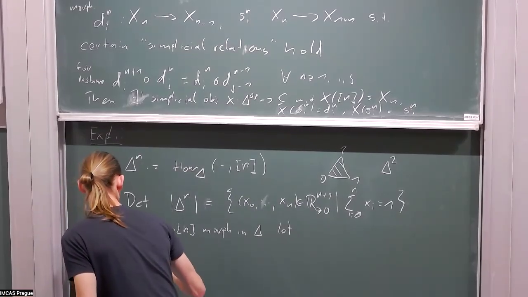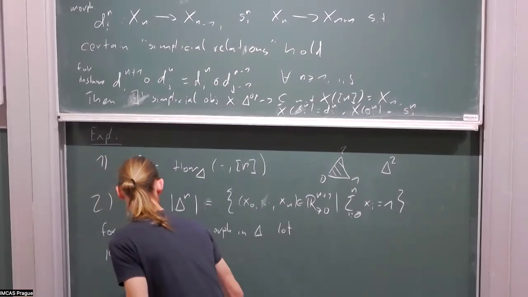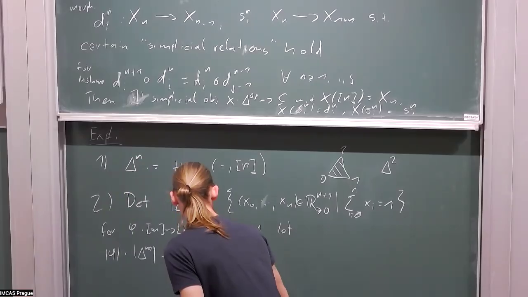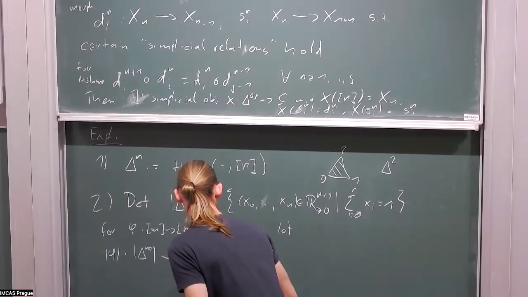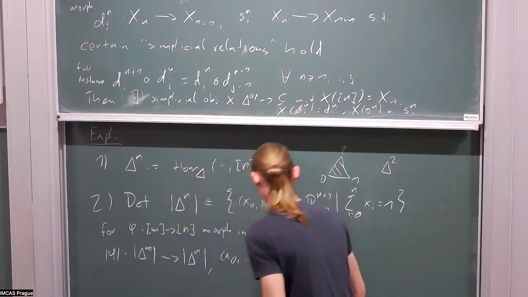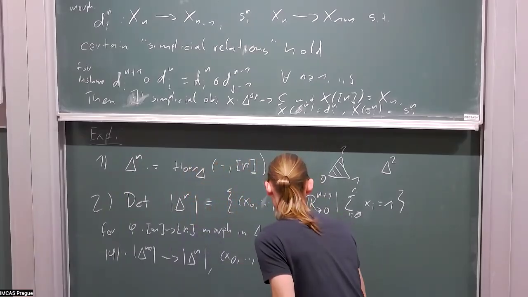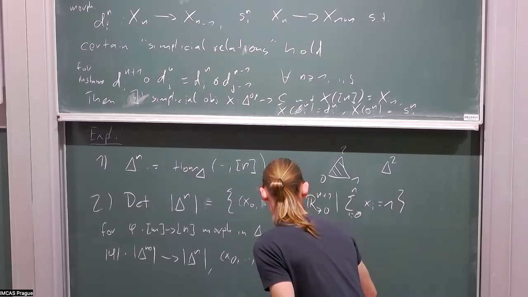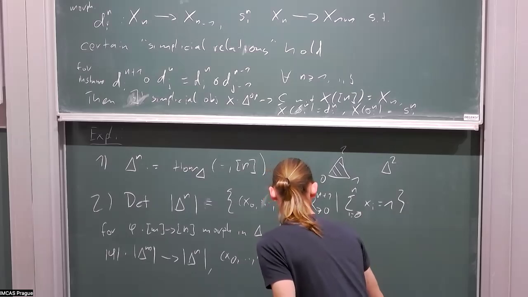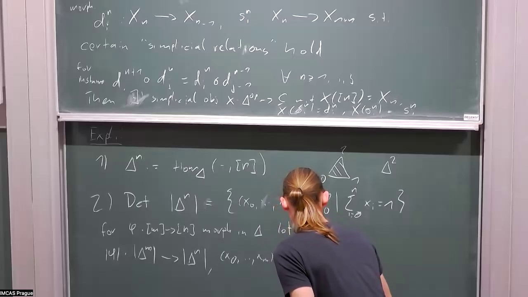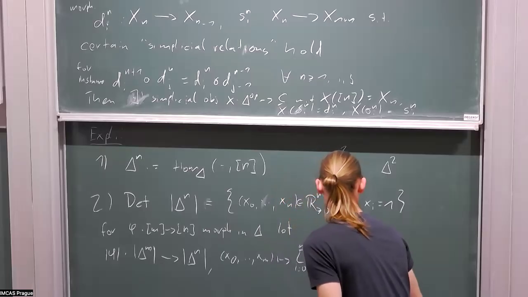We go from delta m to delta n, and this maps such a tuple to the corresponding combination of basis vectors.